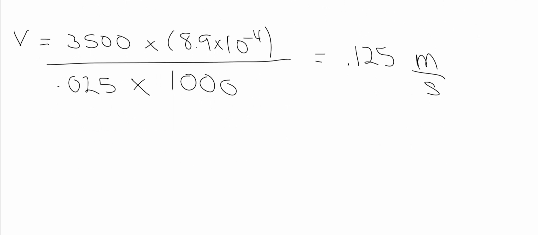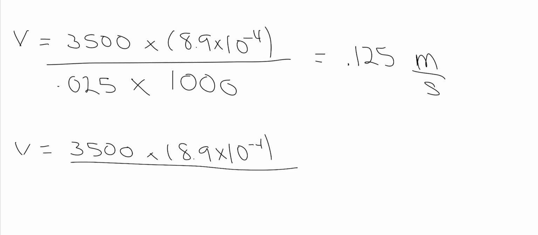So let's go ahead and repeat this process for the second velocity we have. Keeping in mind, every value will remain the same except for our pipe diameter. So our numerator remains the same.